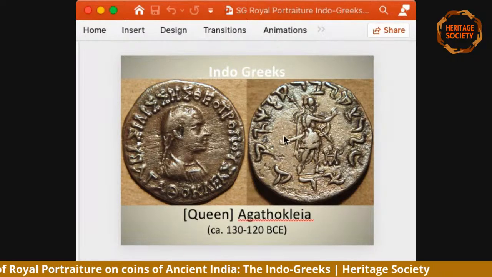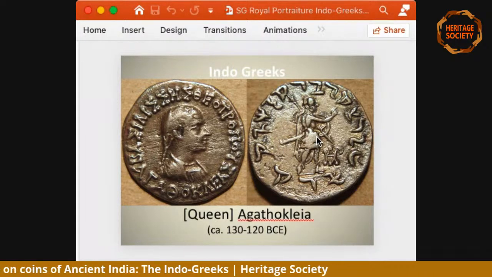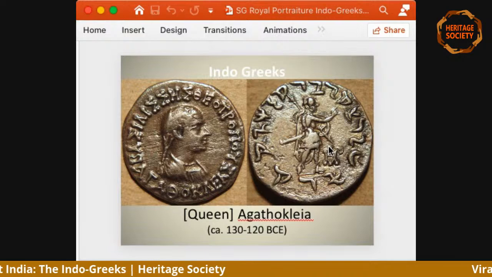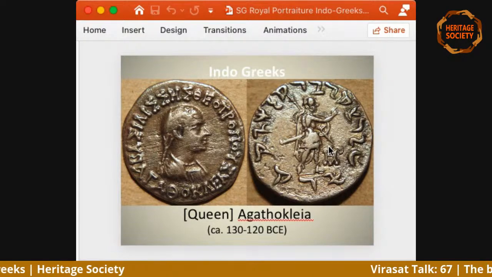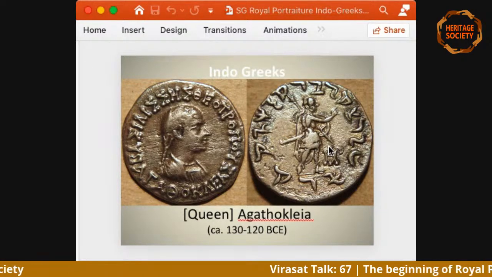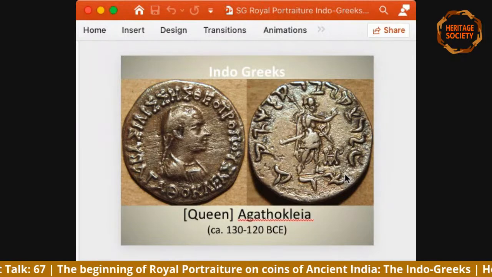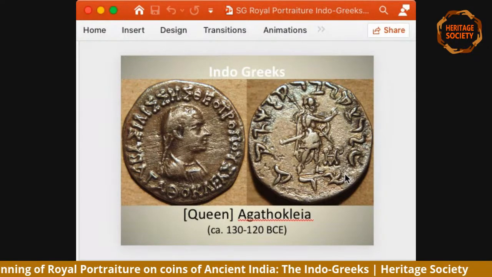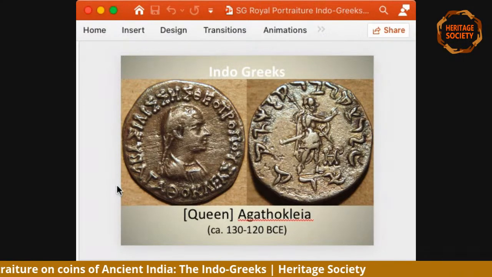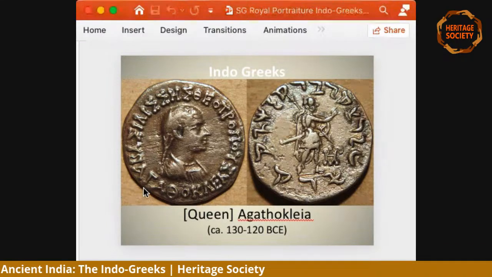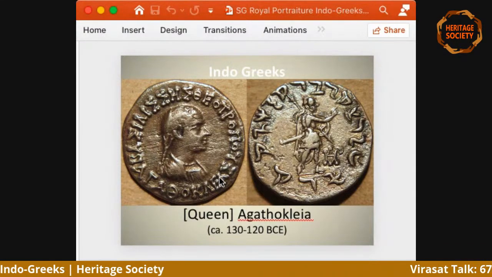You can see a sword here, a spear here. So he's holding a bow and arrow and a spear and a sword. And there's a monogram here, somewhere here, and the Greek legend. If you see the legend, it gives the name of the queen. Agathoclea is written here.